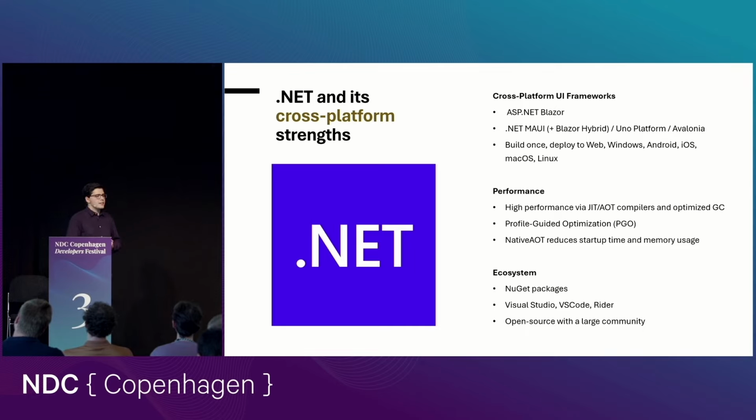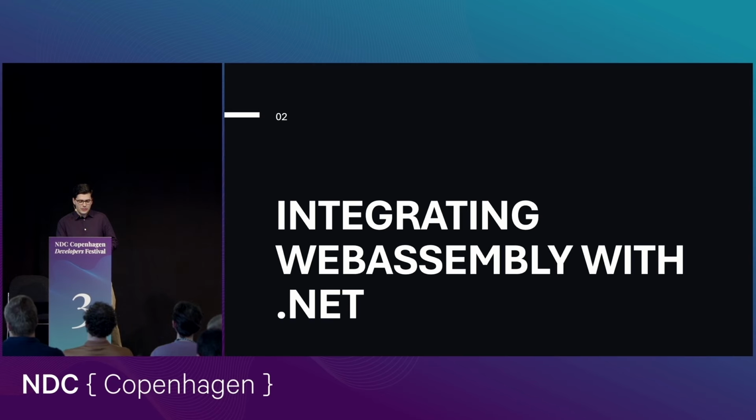And there is already a huge ecosystem with NuGet packages, with Visual Studio, VS Code and Rider supporting the development with .NET. It's all open source, so you can try it out today for free with no strings attached.